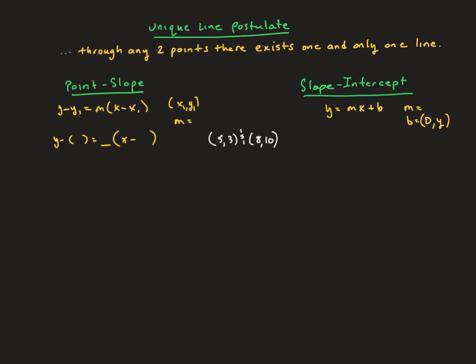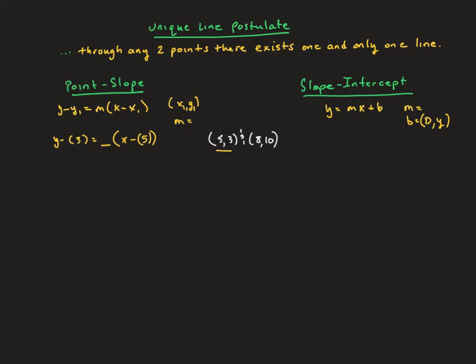I can actually use either one of these points to fill in here, so I'm going to use the first point. My x value is going to be 5, so that goes right there, and then my y value is going to be 3, and it goes right here.